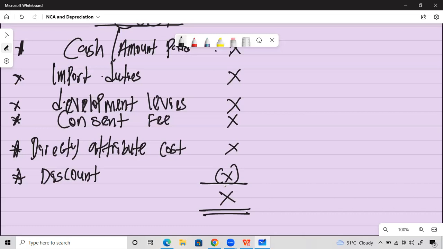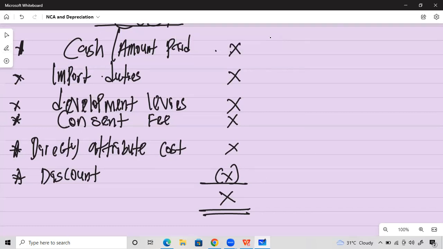That will be the amount that you're going to recognize as the cost for this particular asset.